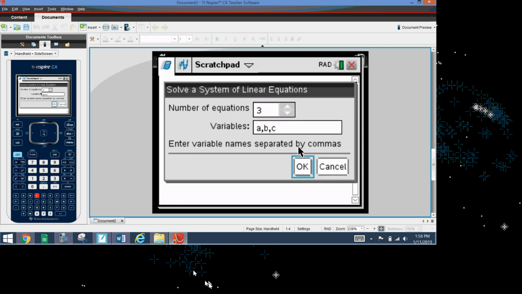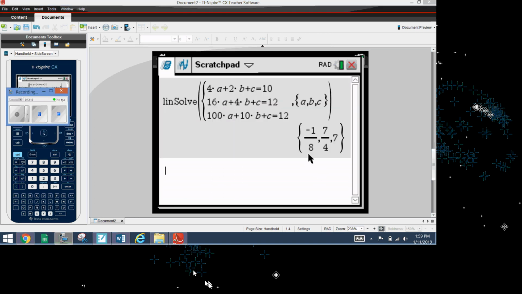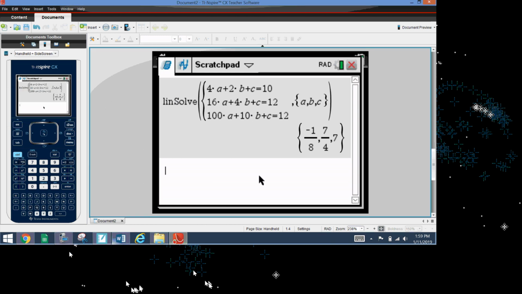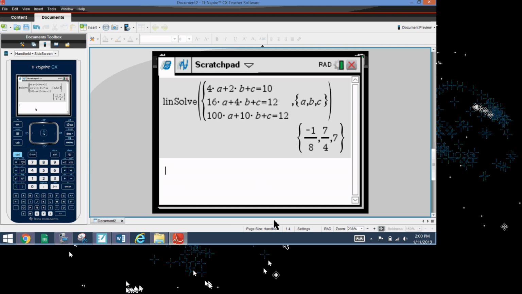Are those clear so far? So let's practice. So we got the points. We type that in and then click enter. Then we're going to put those A, B, and C into the standard form.